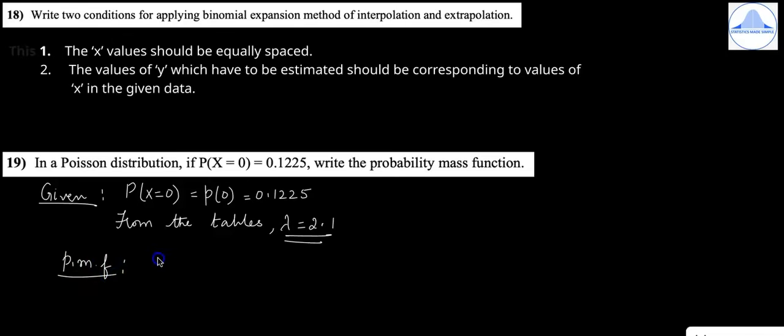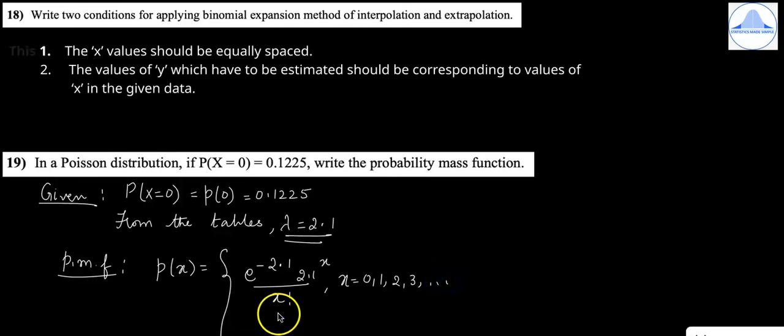PMF means probability mass function is denoted by P of x. So the formula is e to the power minus lambda, so e to the power minus 2.1, lambda to the power x, so 2.1 to the power x divided by x factorial, where x takes values 0, 1, 2, 3, and so on. It is infinite, and then we write 0 otherwise.